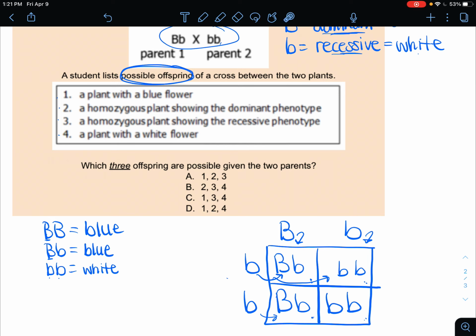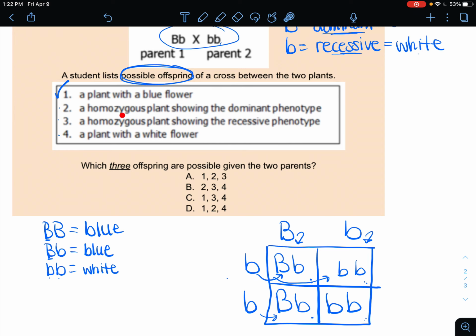And if it has the genotype of big B, little b, it's also going to be blue. So do we have any of these genotypes in the Punnett square? Why, yes, we do. If we look right here, we've got a big B with a little b. And over here, we've got a big B with a little b. So I totally think that choice 1 is possible.